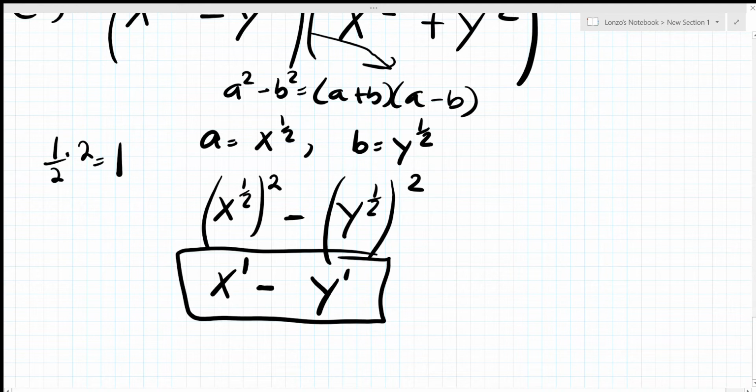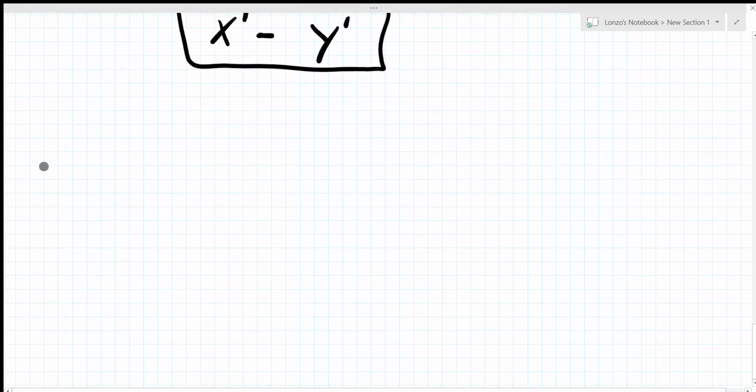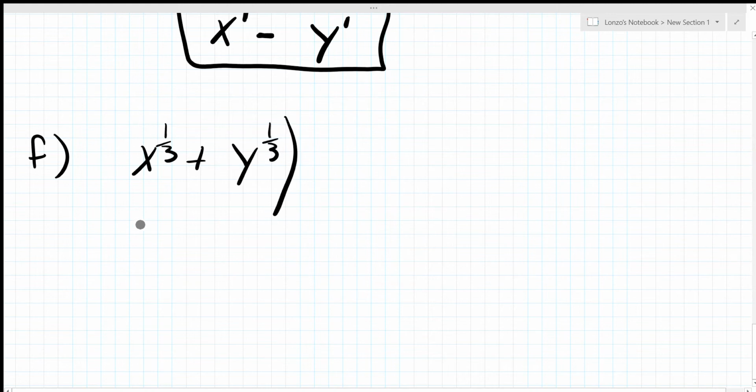Let's see a few more. What about f? x to the 1/3 plus y to the 1/3, and then you have to cube this. Remember, this is the sum of two cubes.